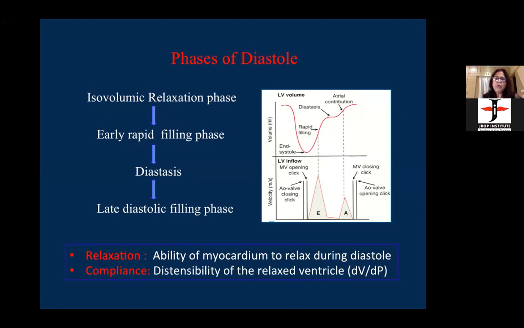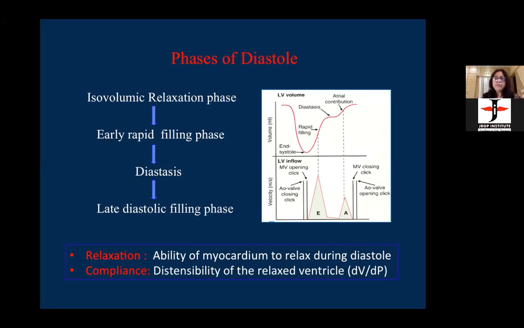There is no positive force to drive the blood from the LA to the LV, no pressure difference. So blood flow decelerates, and in the next stage we get diastasis. This is the phase where there is no flow. The mitral valve remains in a semi-open condition with equalization of pressure of LA and LV.